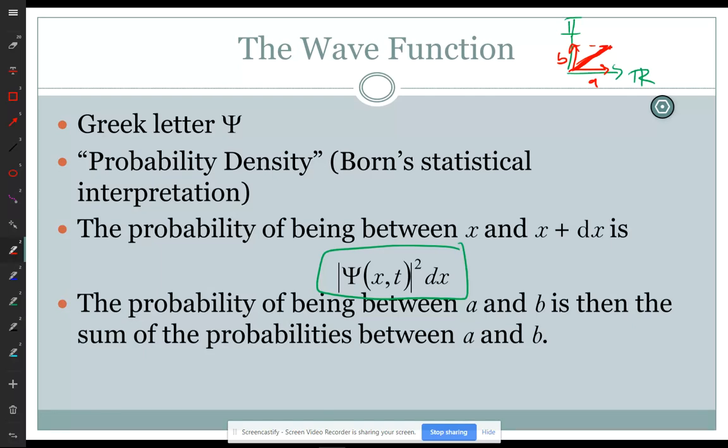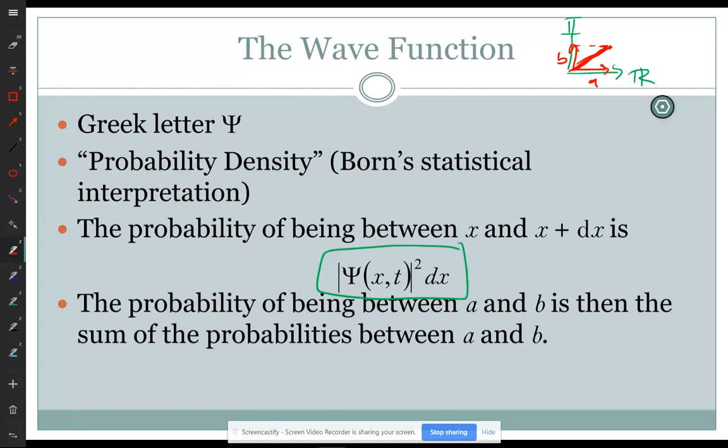And so that's what we do with these complex things. We essentially use the Pythagorean theorem. We take the real part squared plus the imaginary part squared. And then we take the square root if we want to find the magnitude. Here we want the square of the magnitude so we don't have to worry about square rooting. And so that's what it means when we have this absolute value squared. We're going to find the square of that magnitude.